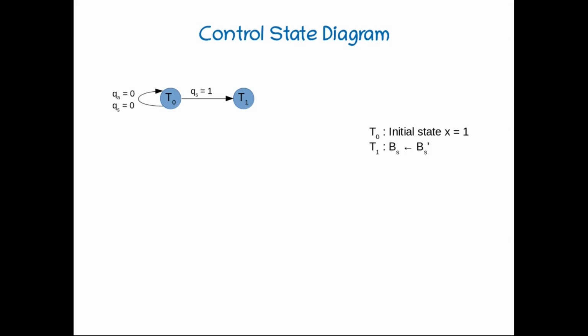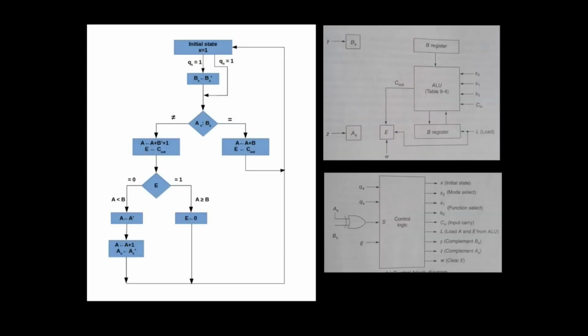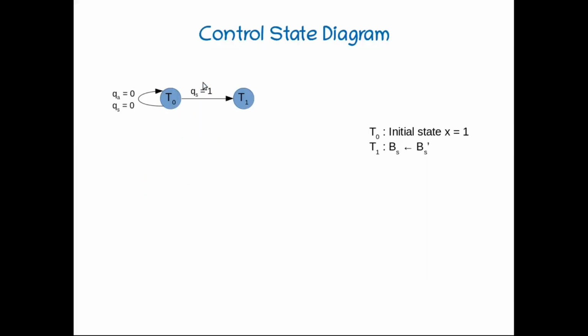Now we are in this state, and if QS is equal to 1, then we go into this block. Corresponding to this block we need another state, that is our T1 state.